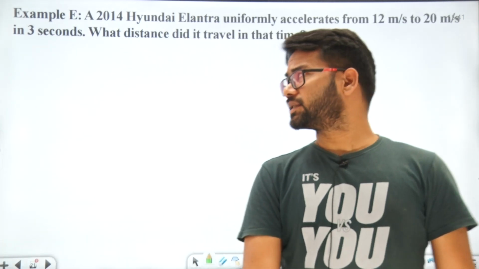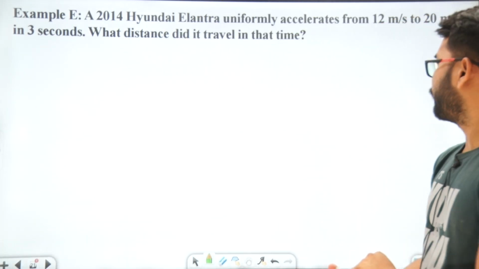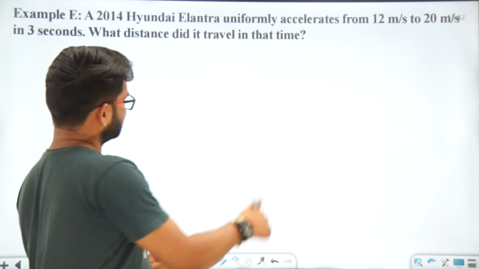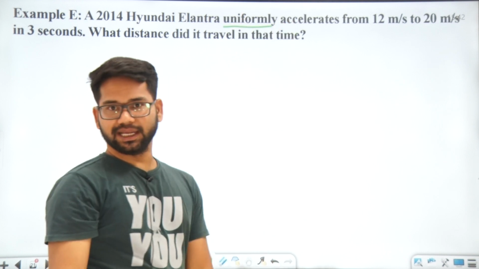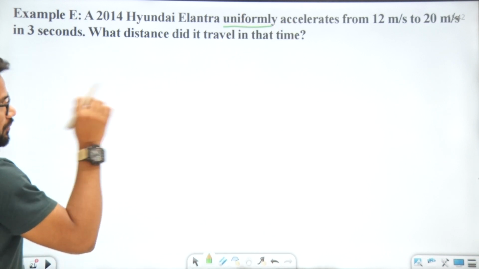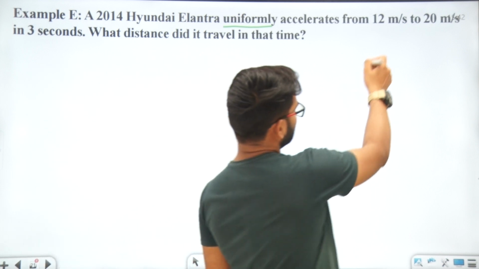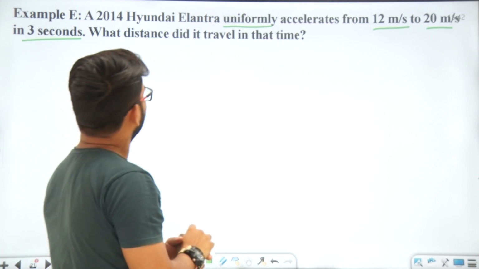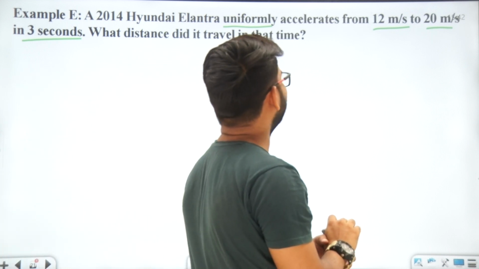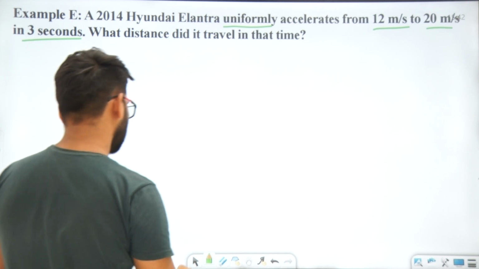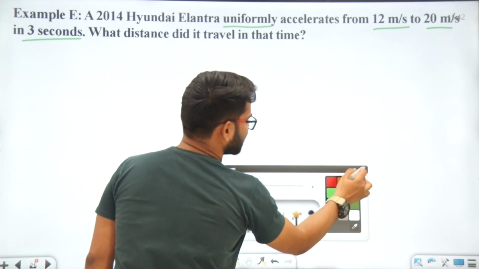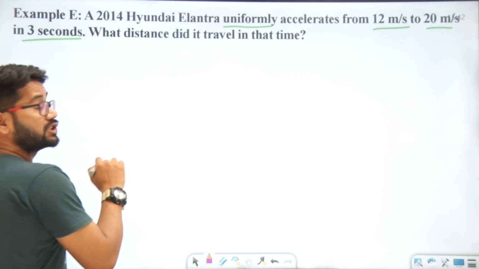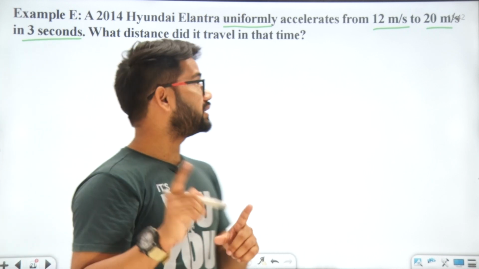Let's take this example. A 2014 Hyundai Elantra uniformly accelerates from 12 meters per second to 20 meters per second in 3 seconds. What distance did it travel in that time? So students, there is no change in direction, but there is change in velocity.